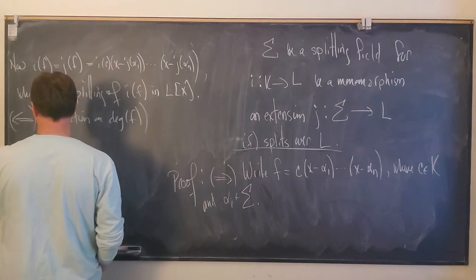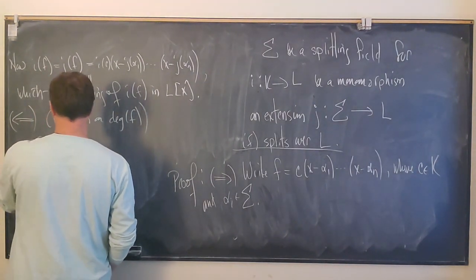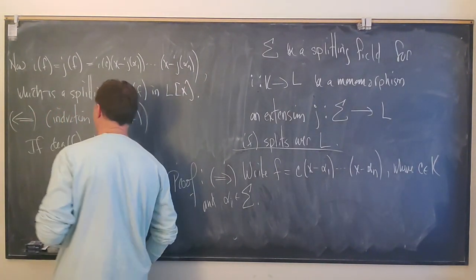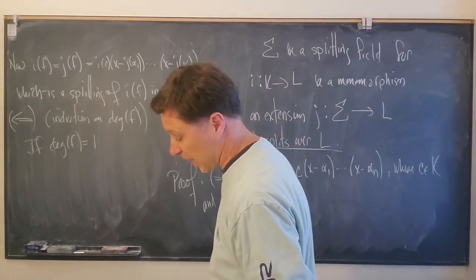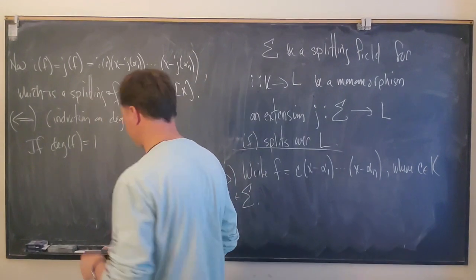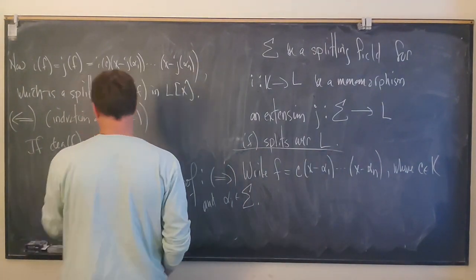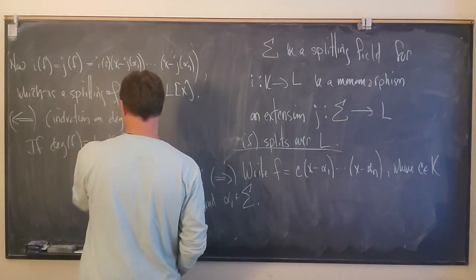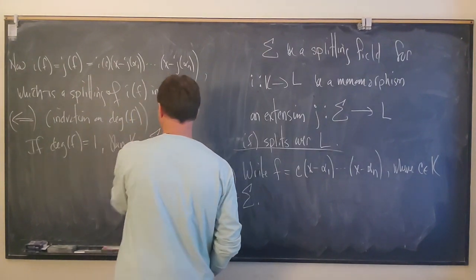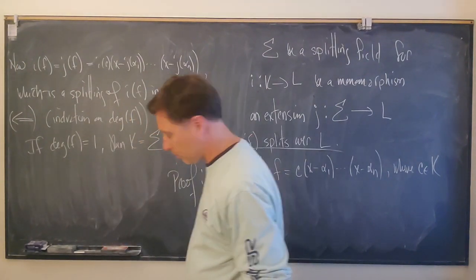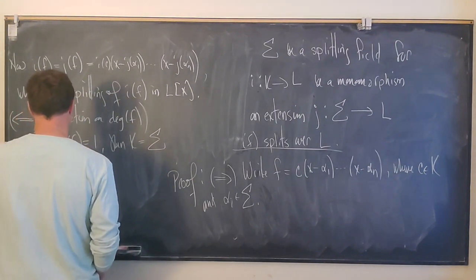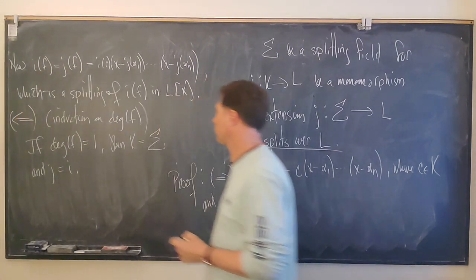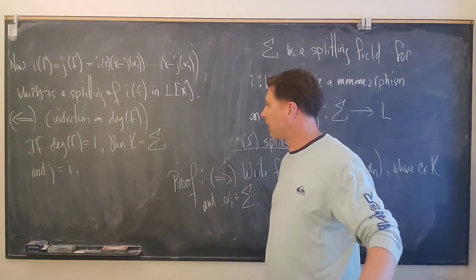What does that mean? It means it's a linear polynomial. You can think of it as x minus alpha. So then we don't need to split. Then k is equal to sigma, and there's no extension needed. Then j equals I. We already have I going from k to L.